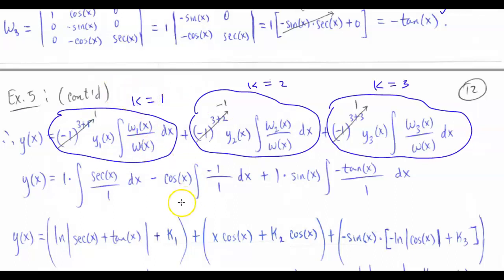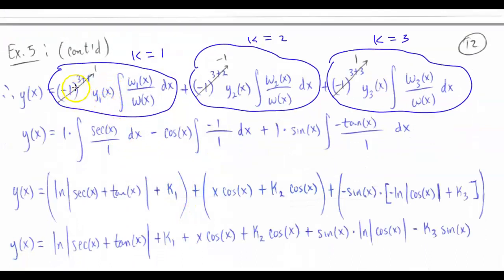All right, so from here we just substitute everything in. So we know that -1 raised to the 3 plus 1 is positive number, so it's just 1. Our Wronskian for all of these is going to be 1, 1, 1. And of course, we found out that our Wronskian sub 1 was secant x, Wronskian sub 2 was -1, Wronskian sub 3 is negative tangent x.